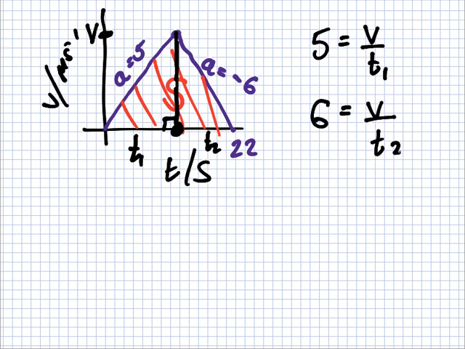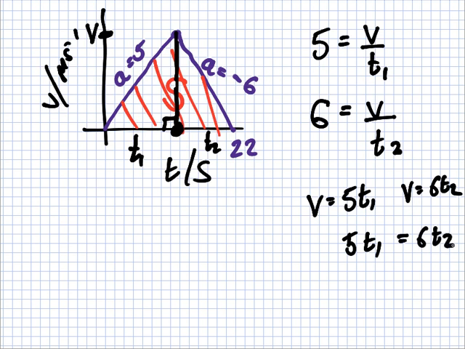So could I say V equals 5T1? And could I say V equals 6T2? Could I say 5T1 equals 6T2? I could, because they're both equal to V. This is equal to V and this is equal to V, so they're equal.